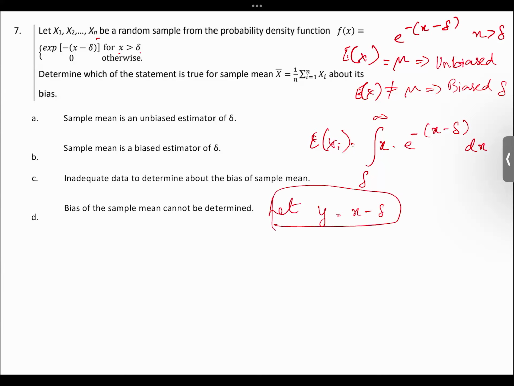So if we substitute this, E of xi is equal to the integral of x, and x is equal to y plus delta, times e power minus y, because y is equal to x minus delta. Now you write it in terms of dy.